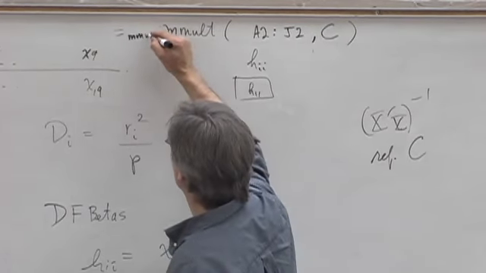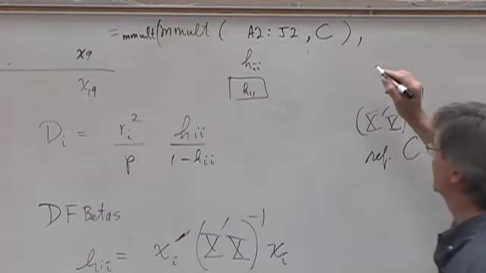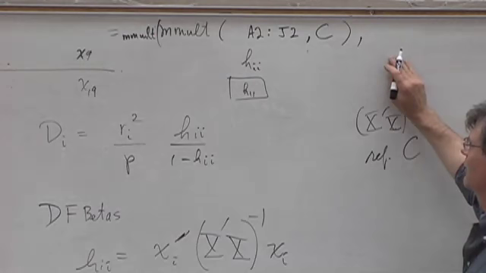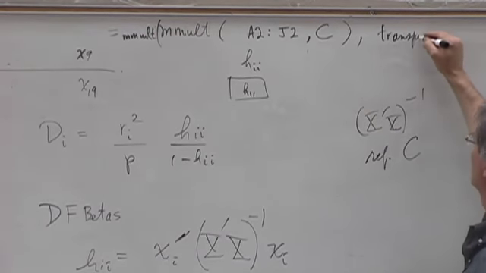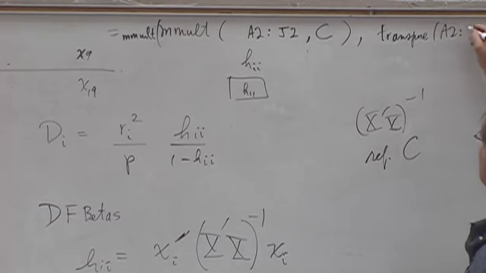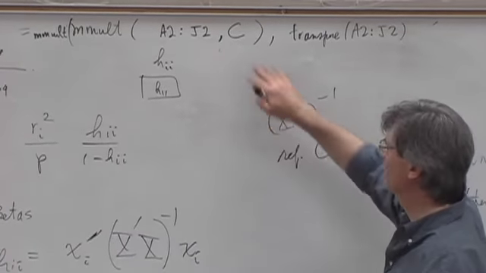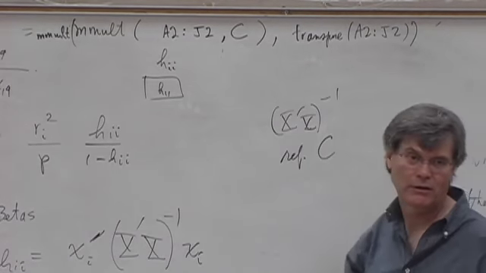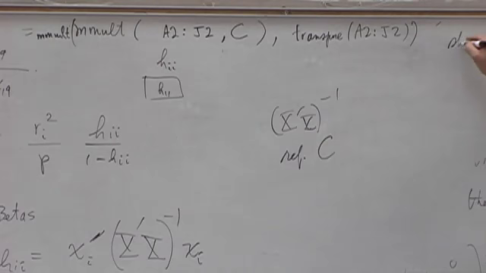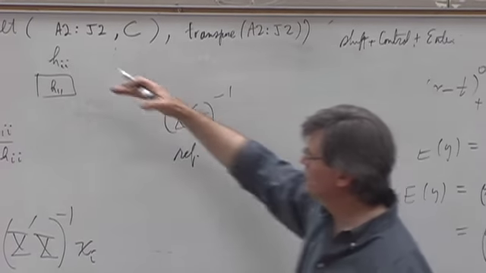I can't really check this because the computer is not working. Then I'd take the transpose of A2 to J2. You want C to be fixed, so that's why you use a reference, because you always want it to be the same. Then you press shift control enter, and you should get H11, and then you should be able to pull this down.